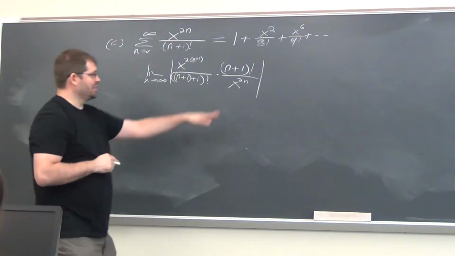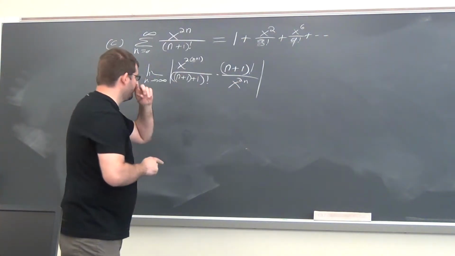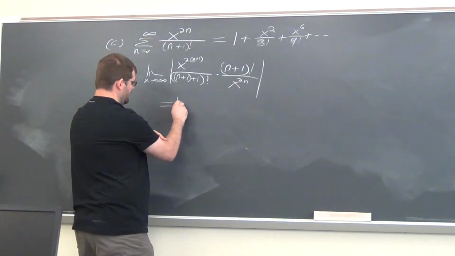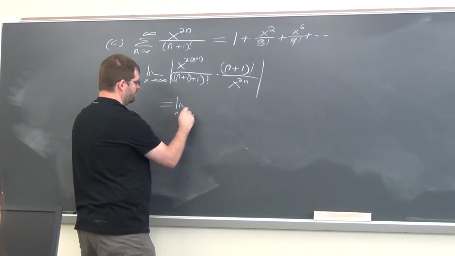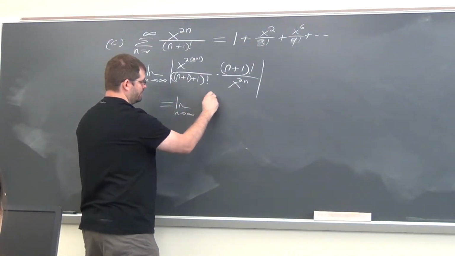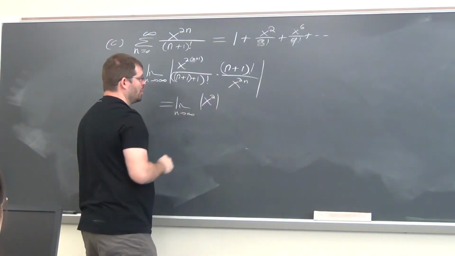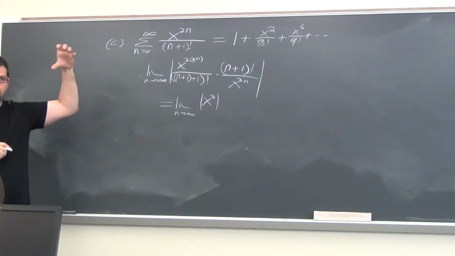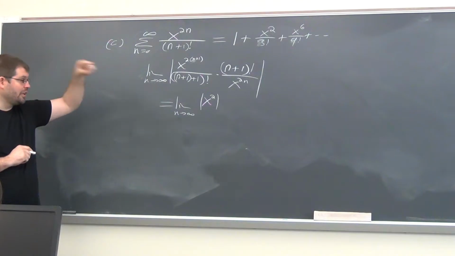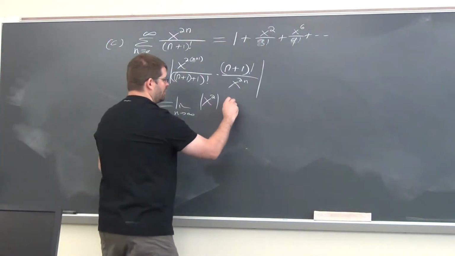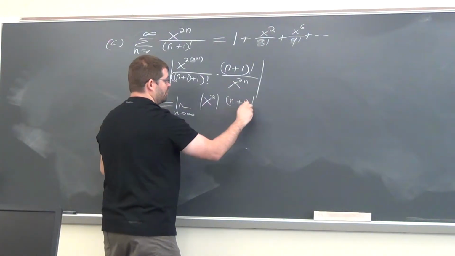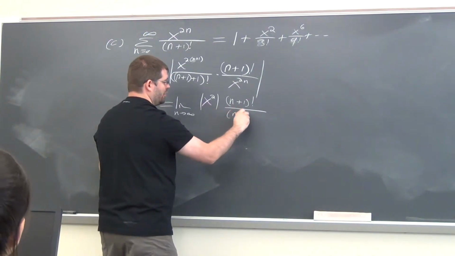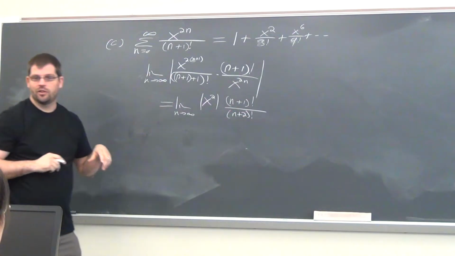And so when you cancel out the x to the 2n, what are you left with? x squared, and I'll put absolute value, it won't matter in this case. But just be careful when you see future ones, you gotta do that algebra correctly. And then, again, you could simplify this all at once if you felt comfortable, but it's (n plus 1) factorial and then (n plus 2) factorial on the bottom.